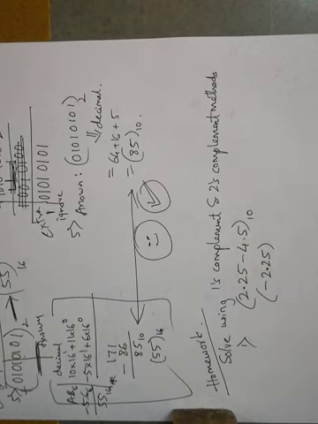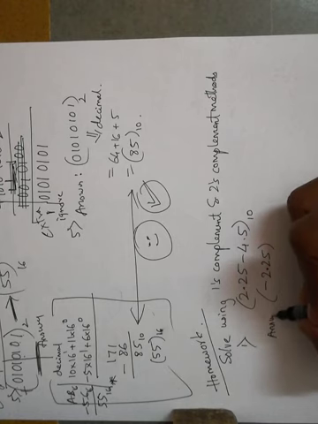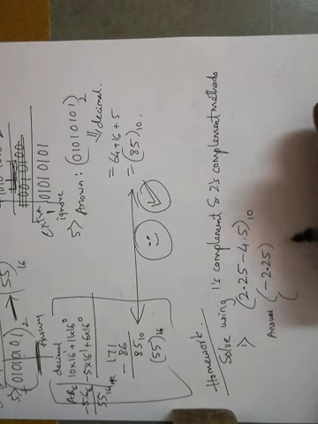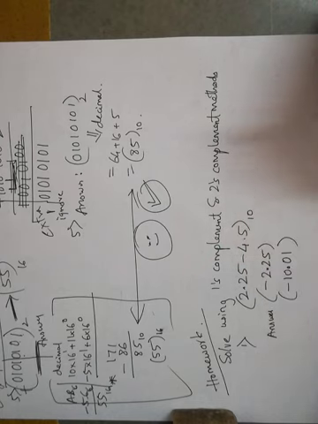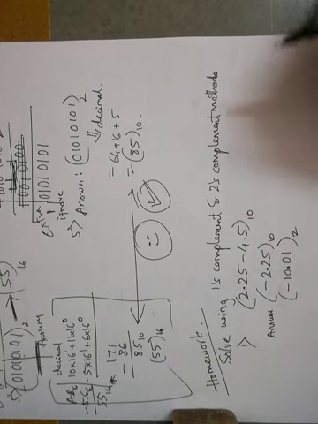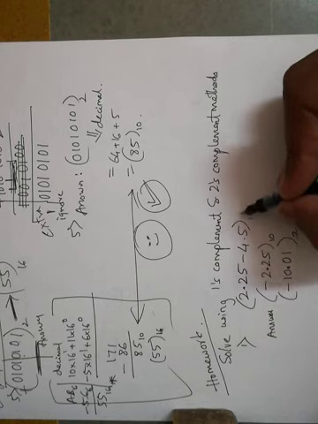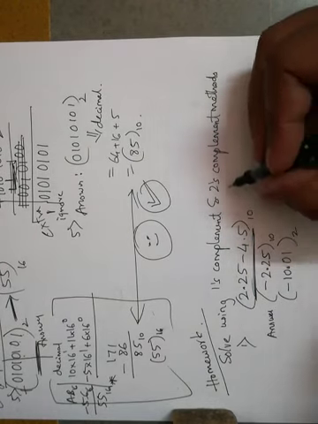I am giving you a hint, you follow the procedure and verify the answer. So our answer should be minus 2.25, or if you have the binary answer it should be 10.01 in negative. This is in decimal answer, this is in binary answer. Try to do this calculation in ones complement and twos complement.